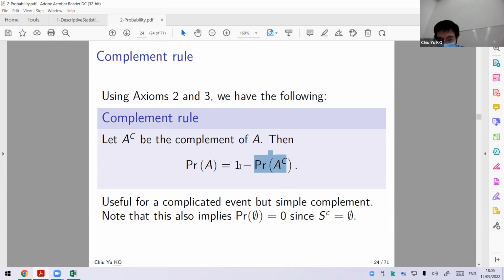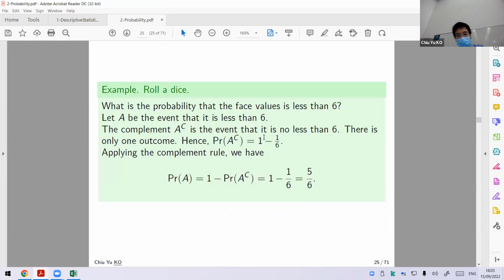So we know this from high school, and some of you would have remembered it, but let's look at the example here. This is very convenient when you calculate complicated probabilities. For example, what is the probability that the face value is less than 6?